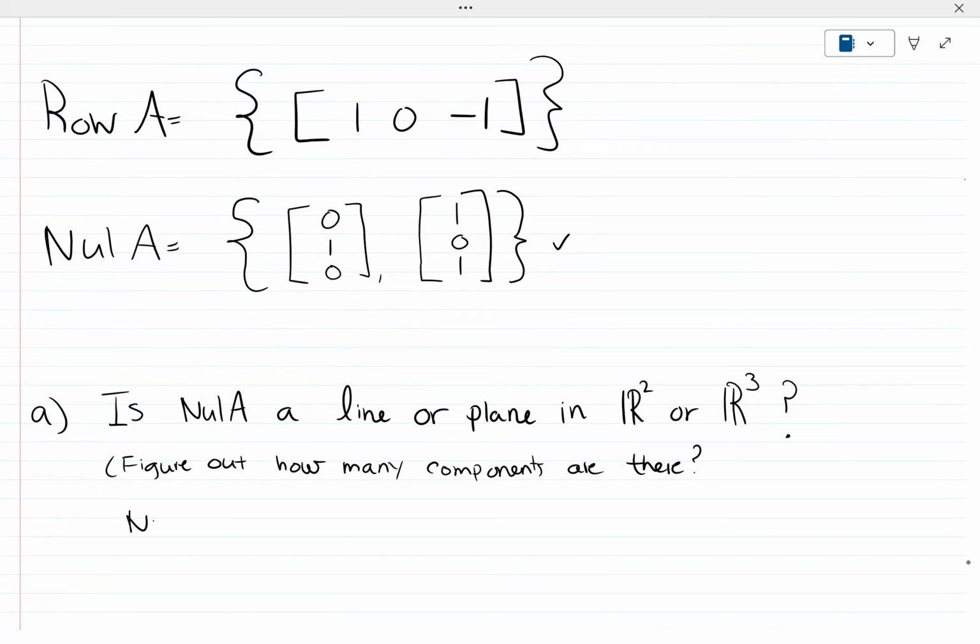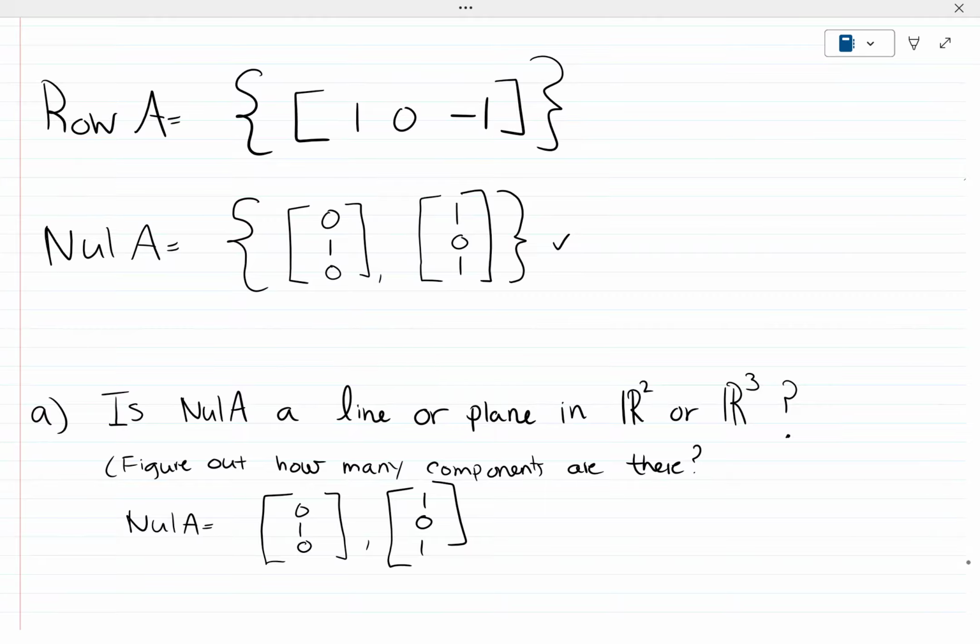Okay, so the null of A is equal to 0, 1, 0, comma 1, 0, 1. That was given. There are three elements, right?